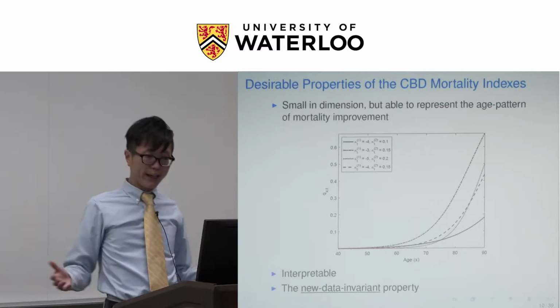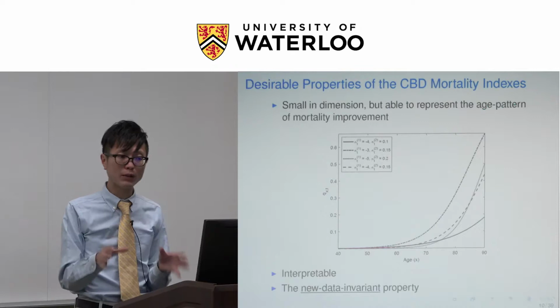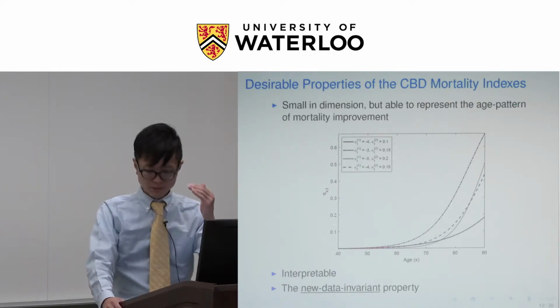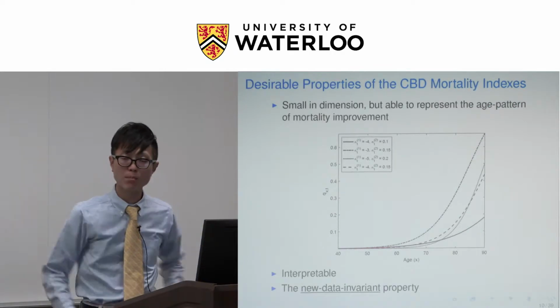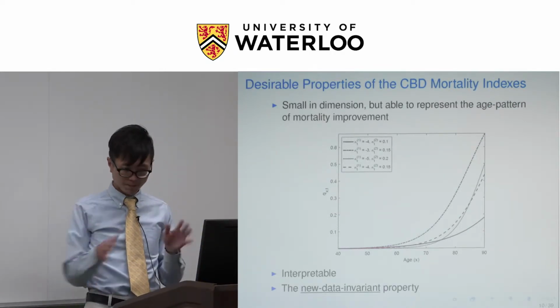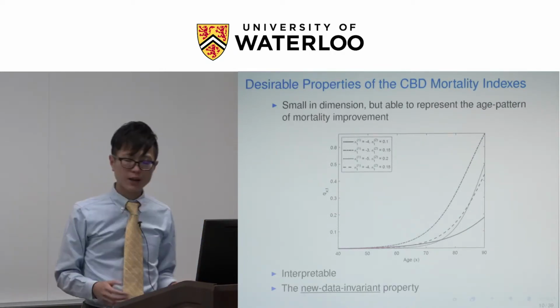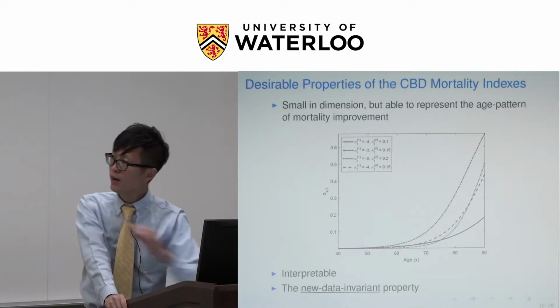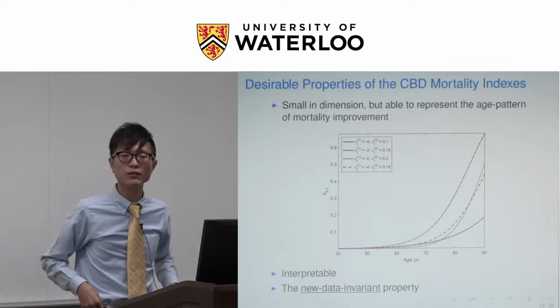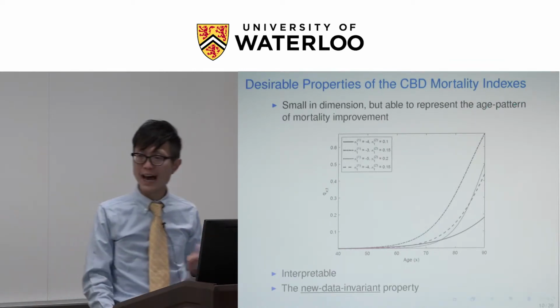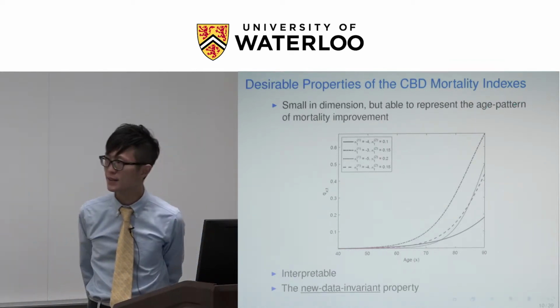So we've gone through the intuitions. I wanted to come back to the point that the CBD indices may contain more information compared to non-parametric mortality indices. On this diagram, I have shown different curves of death probabilities using different combinations of the first and second CBD mortality indices.